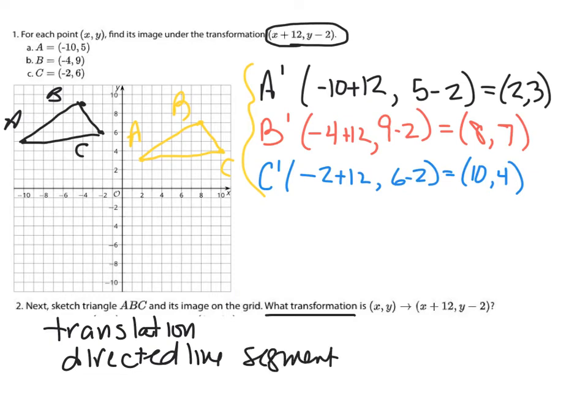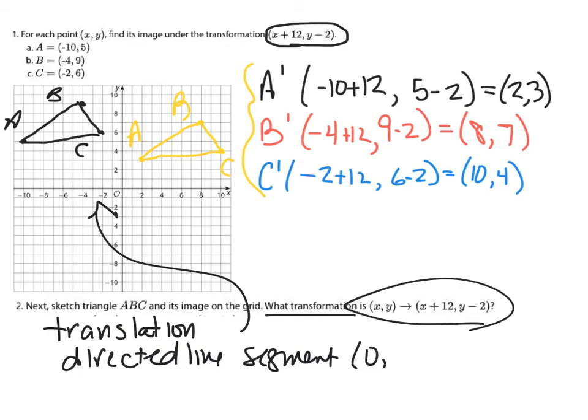Rather than look at what's happening up there, we can just use this to give our directed line segment. We're going from (0, 0) to (12, -2), just using this for our math. If I plug in 0, 0 for x and y, I get 12 and -2. It's pretty cool, so we don't really have to look at the graph to find the directed line segment.